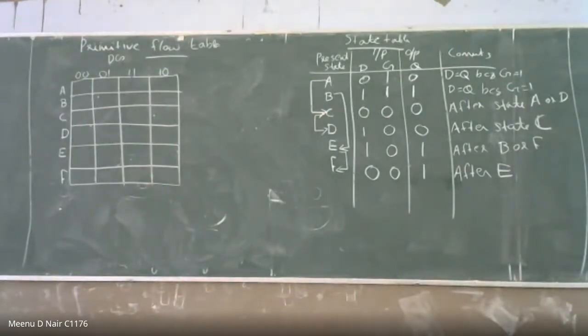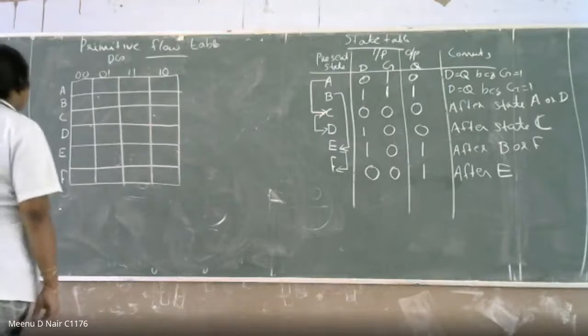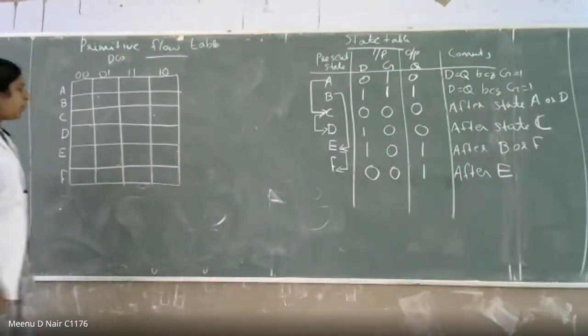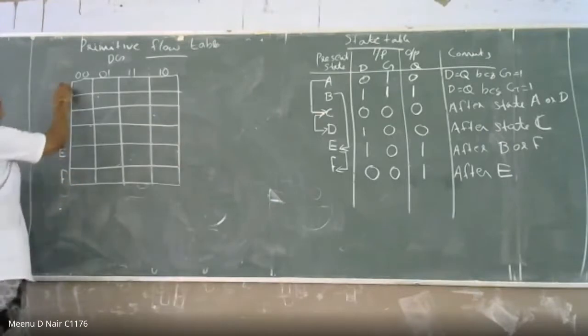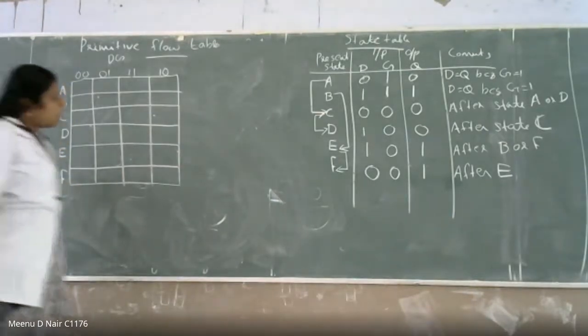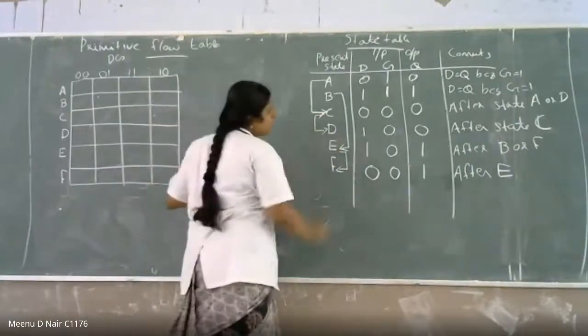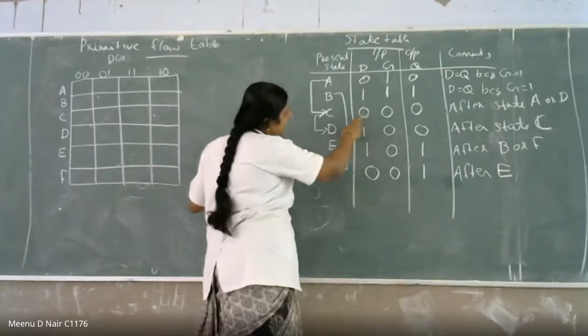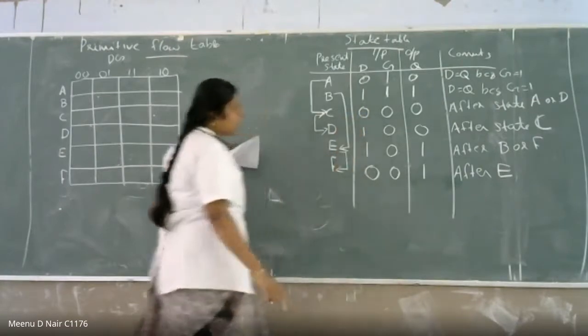Shall we proceed? So the first column, how can we fill this primitive flow table? First you consider your state A and this is your input 0 0. There are two 0 0 entries available, right? First one is C, which is 0 0, and E is also 0 0.